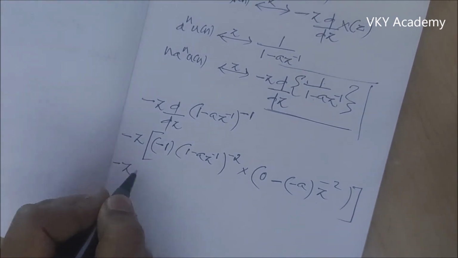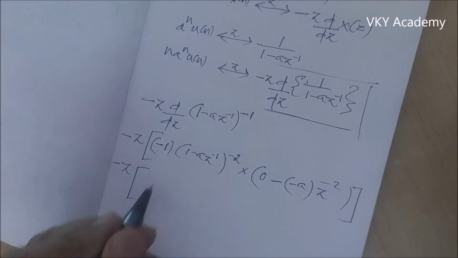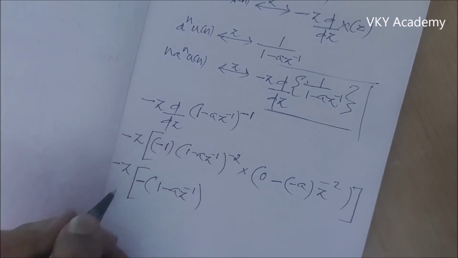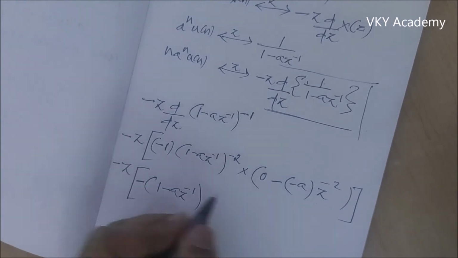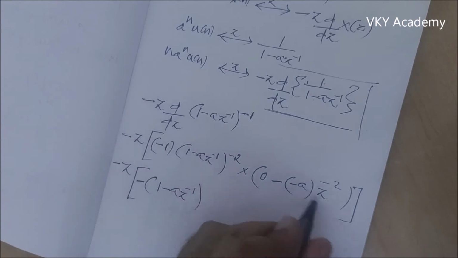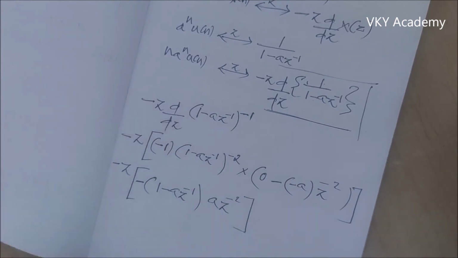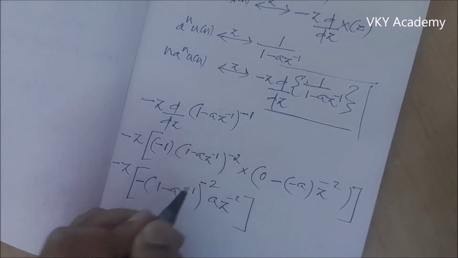Now this will be minus z, negative of 1 minus a z inverse to the power minus 2 into a z to the power minus 2.